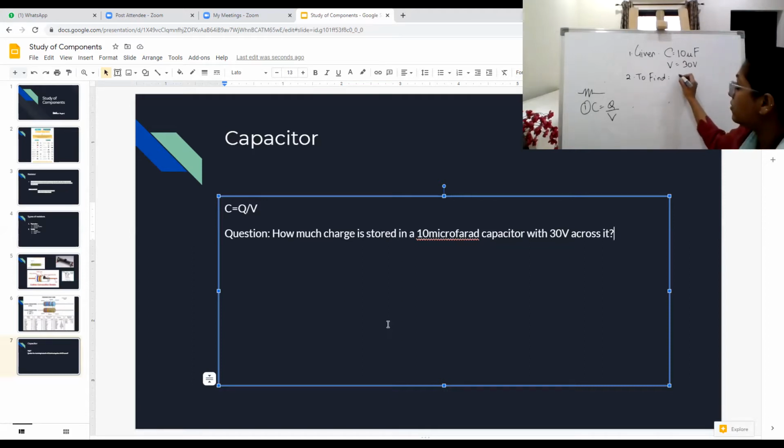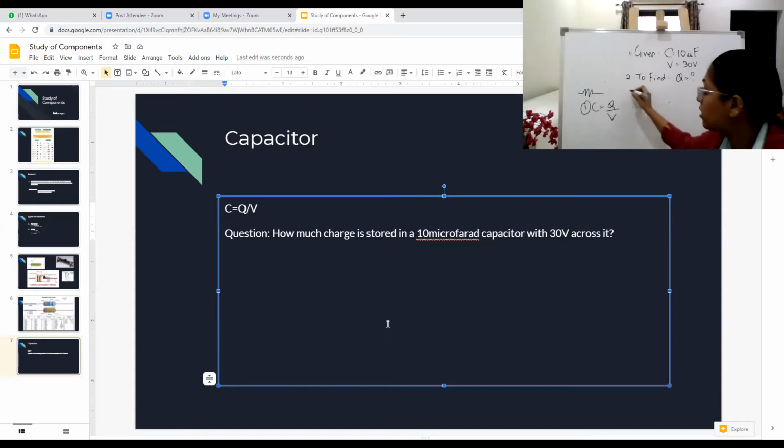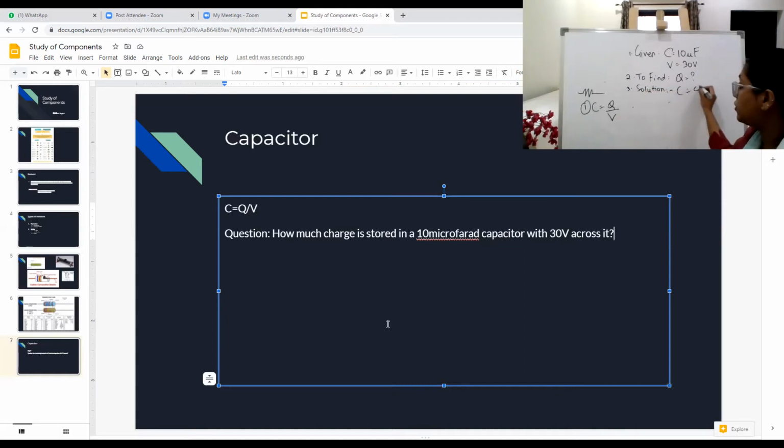To find, please use these steps and you will continue following these steps in class 12 also. To find charge, how much charge पूछा है ना? The Q is equal to how much? Third point, solution. What is the formula? C is equal to Q by V. Substitute 10 micro. Micro मतलब क्या होता है? Quickly बताओ मुझे.